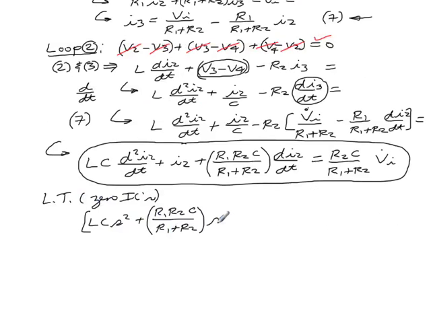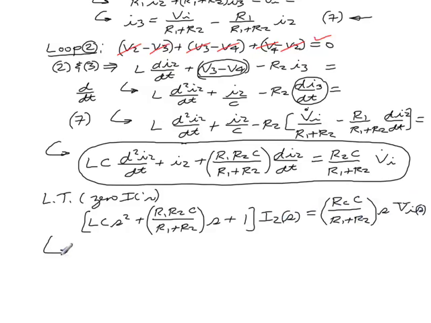That's multiplied by a Laplace variable there of s. We have an I2, which is going to appear as a 1 here, the Laplace transform of our output I2. And right hand side, that's R2C divided by R1 plus R2 times S times the Laplace transform of our input VI.